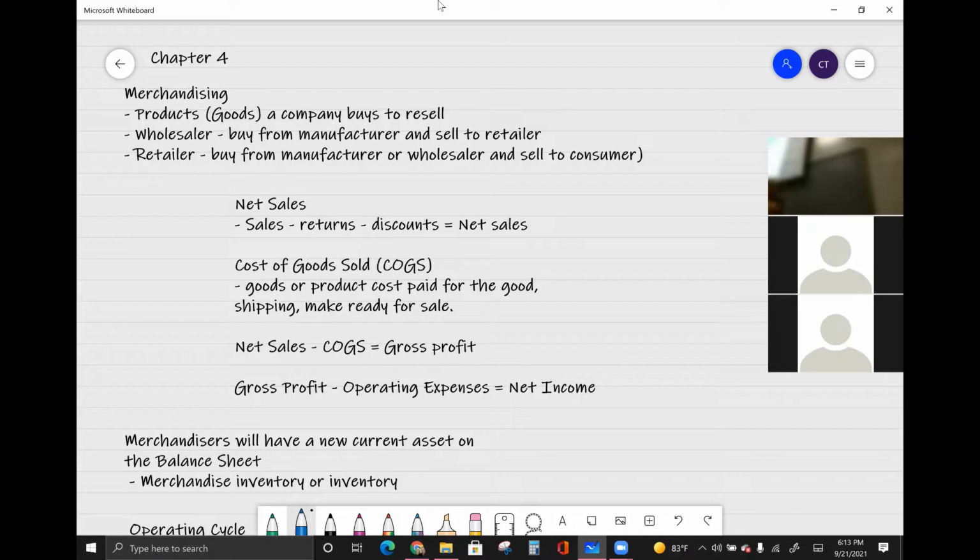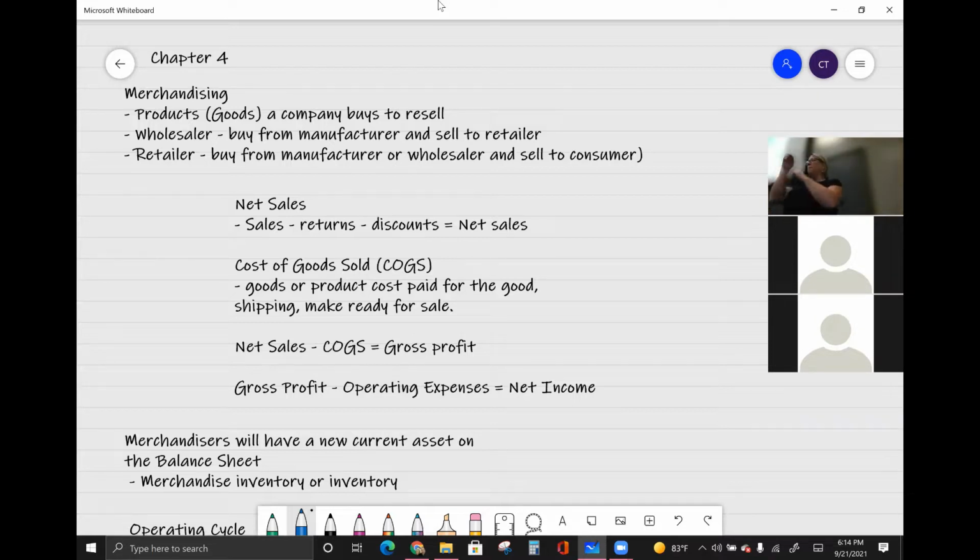This is going to change just a little bit depending on what type of financial statement we do or what type of income statement we use, because you may look at it a little more in detail. You'll have something called the gross profit on there, where it's just going to be revenue, which is your sales, less your cost of goods, and you get that number. Then there'll be another section that will deduct your operating expenses. So that will give you net income.